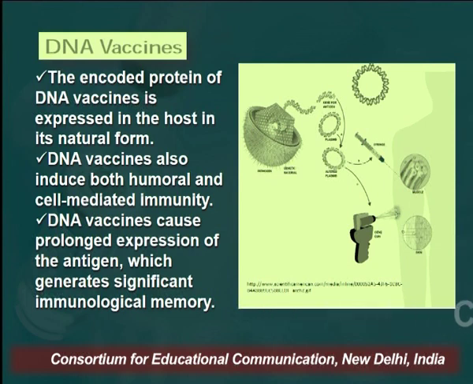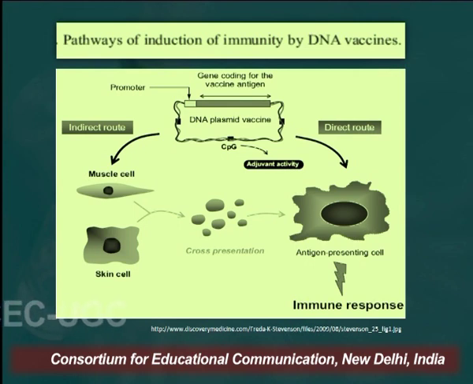Now this image shows the pathway for the induction of immunity by the DNA vaccines. We can see the DNA plasmid vaccine. On the plasmid, the DNA fragment which encodes the vaccine antigen is encoded along with the promoter region, which is essentially required because it is the one which will transcribe this particular gene encoding the vaccine antigen.